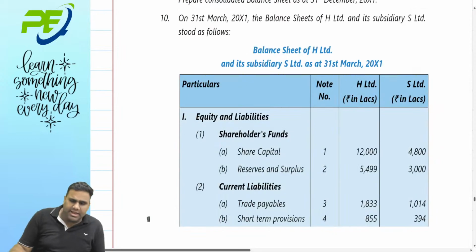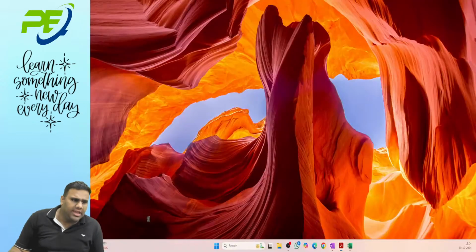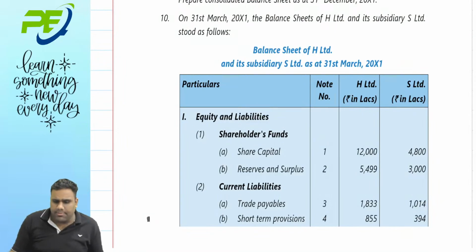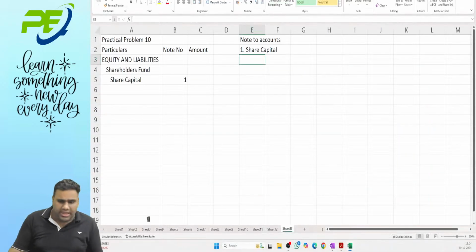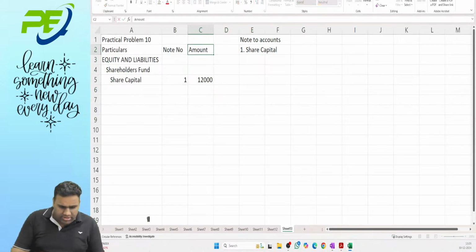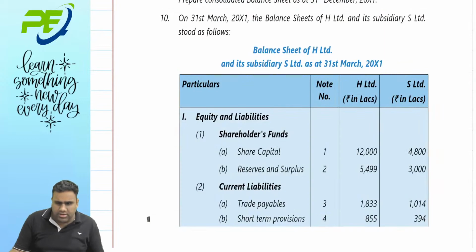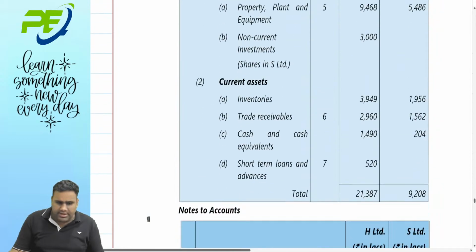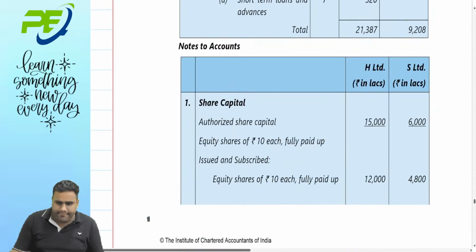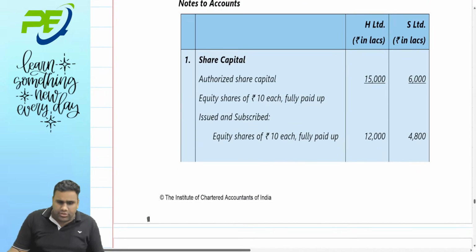Now, what should I write as the amount? Only the holding company. So it should be 12,000 and the numbers are in lakhs. So here I should write amount in lakhs, 12,000. Now let's see the note. Note number 1. Equity shares of 10 each.